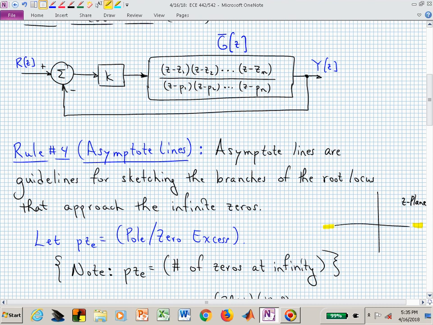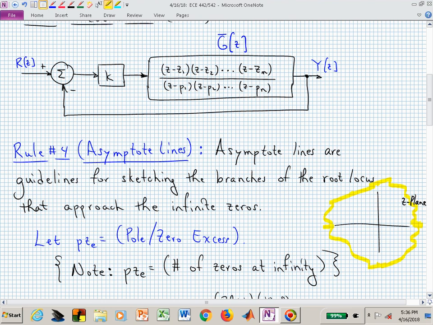Infinity could be in the imaginary direction. It could be up here. Infinity could be in the negative imaginary direction. And in fact, infinity is any point that goes off to infinity in any direction in the z-plane. That's what we mean by z going off to infinity. It can go in any direction. It's just going there at a very far distance, obviously. It's an infinite distance away from the origin.